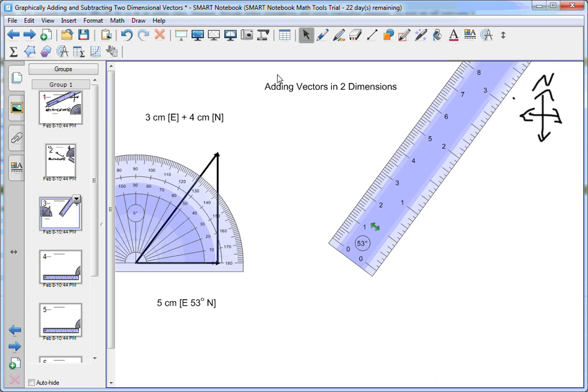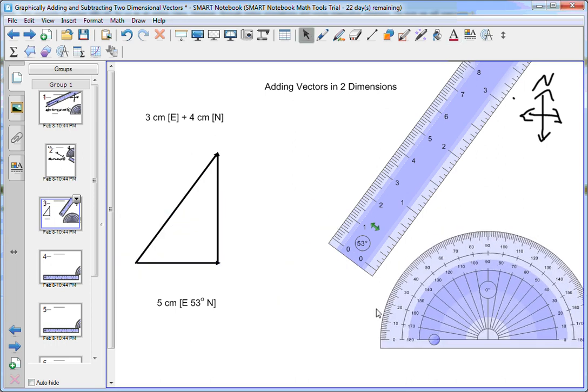And there we go. Now we've got vector addition in 2 dimensions. In the next video, we will do subtracting vectors in 2 dimensions.